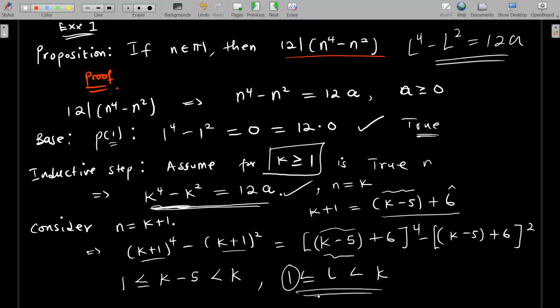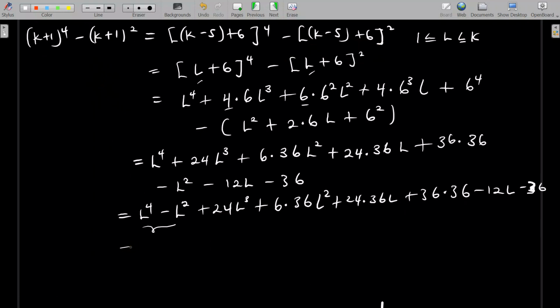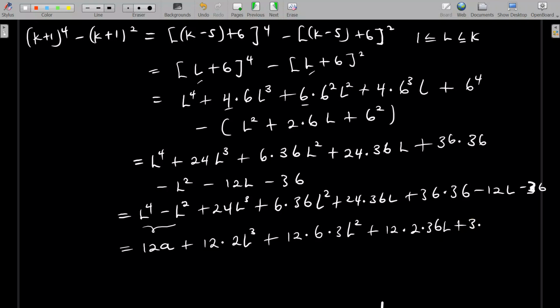We showed that assuming that P of k is true, you go all the way to k is true. So by the inductive step, you can rewrite this as 12a plus 24 is the same as 12 multiplying 2 L cubed plus 36 is the same as 12 multiplying 3. So I'm going to write it as 3 here plus 24 times that is 12 multiplying 2 multiplying 36 L plus 3 multiplying 12 multiplying 3 or something.